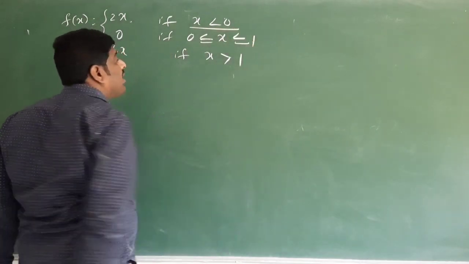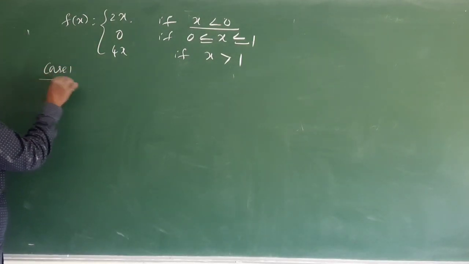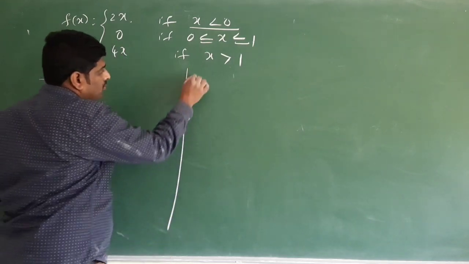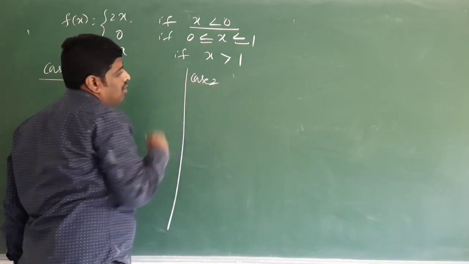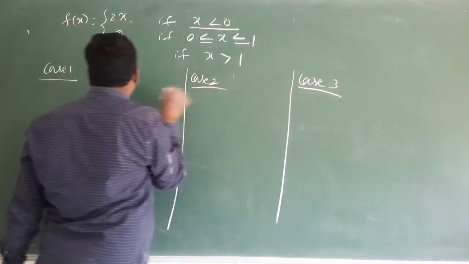First you have to check x less than 0, that is case number 1. Case number 2. Case number 3.